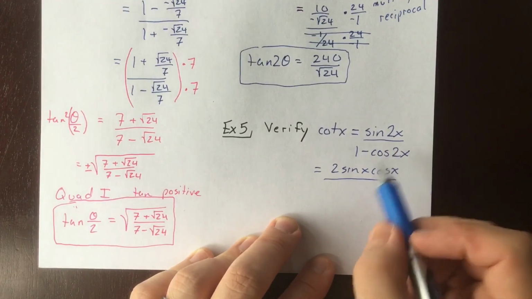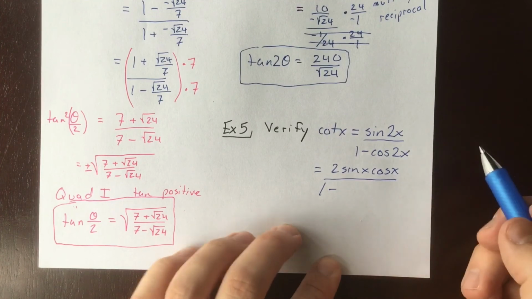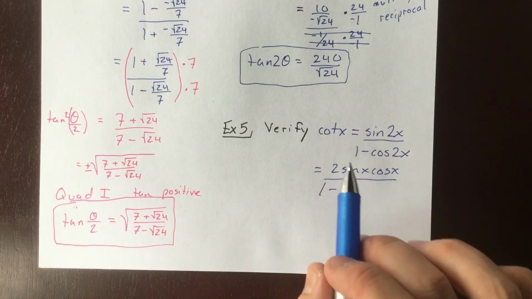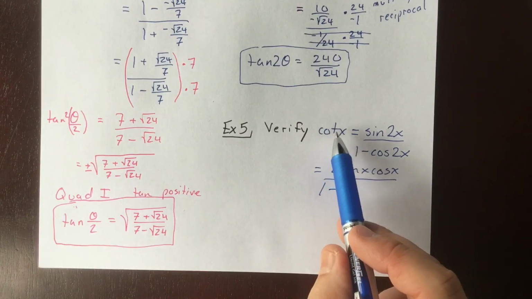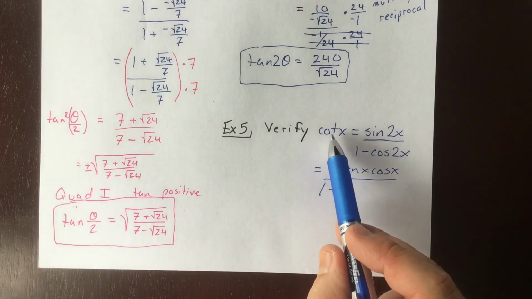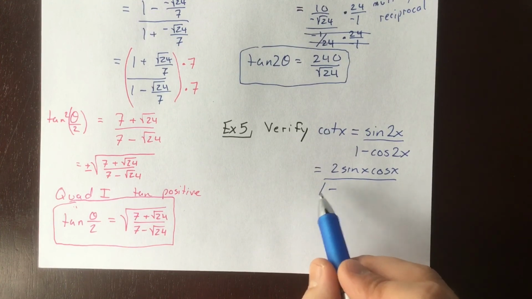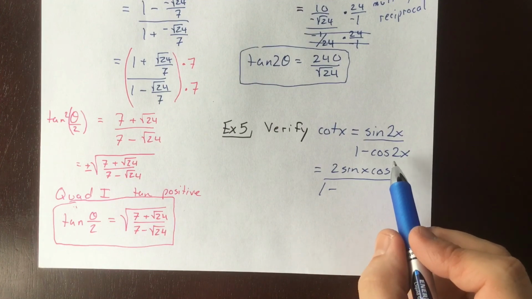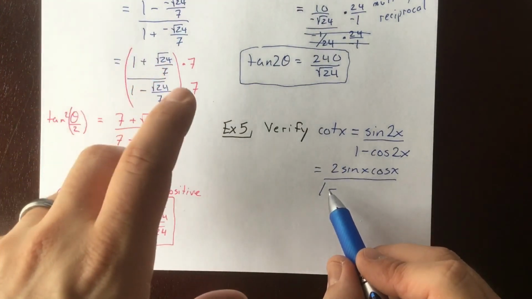And then cosine of 2x. So here's my thought process, guys. I have a 1 here. Knowing what cotangent is, cosine over sine, I have a 1 here that I want to cancel. So I know cosine of 2x, I had the cosine squared minus sine squared, but that's not going to cancel the 1.